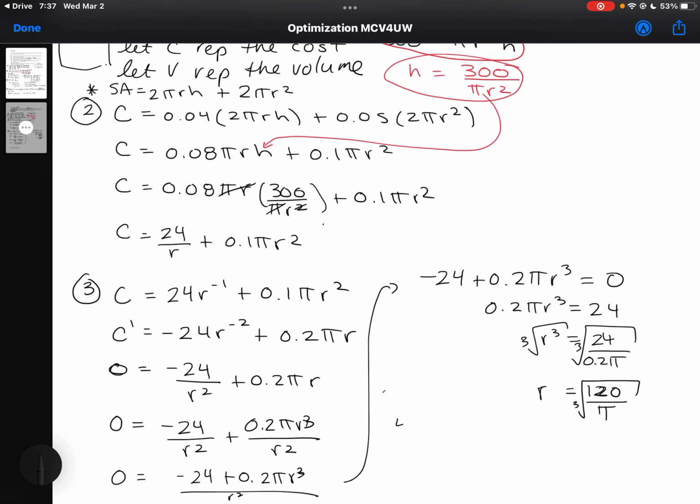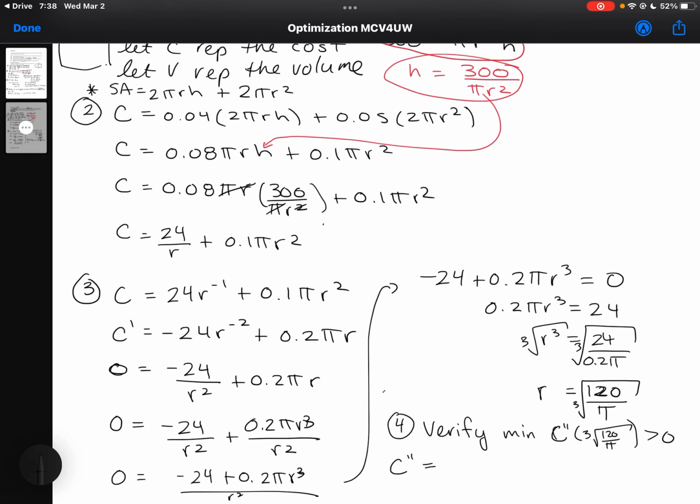So let's verify that we actually do have a minimum. For a minimum, my second derivative evaluated at the cube root of 120 over pi would have to be greater than 0.